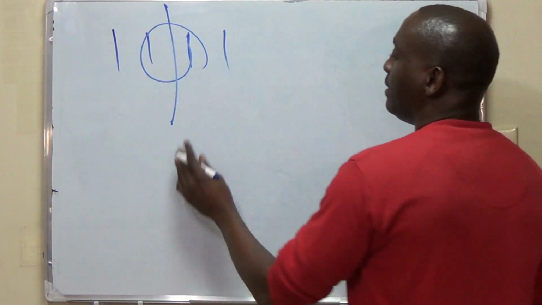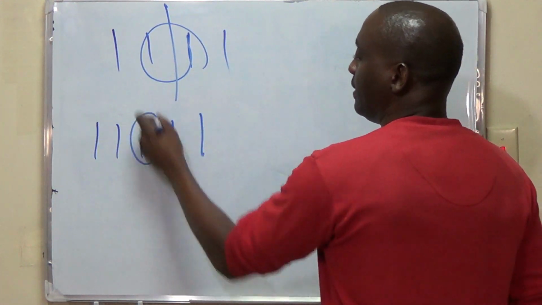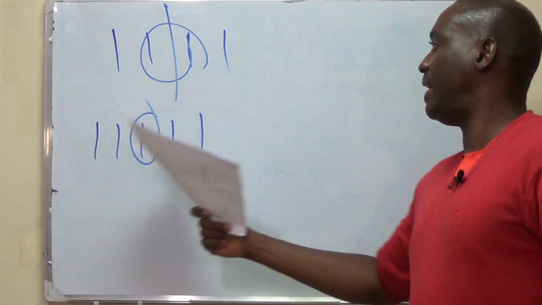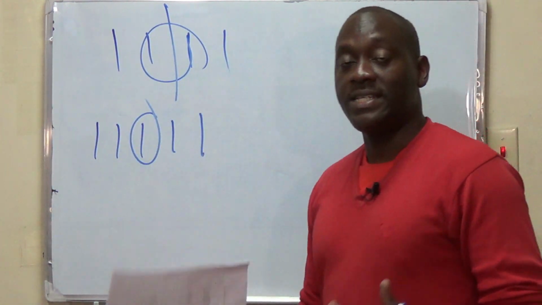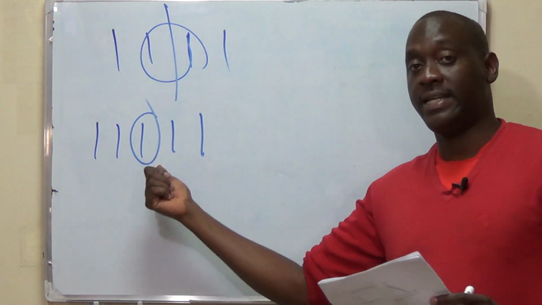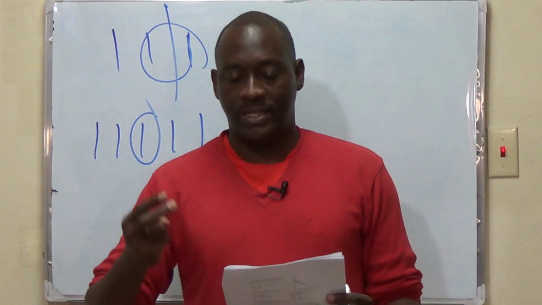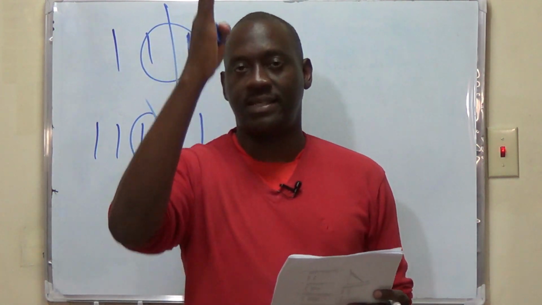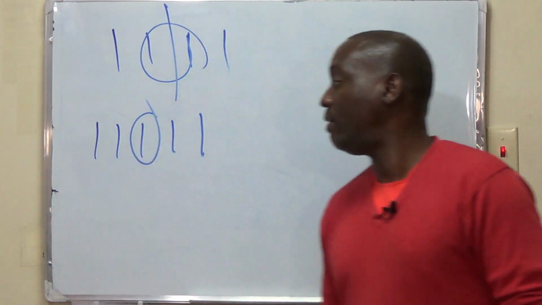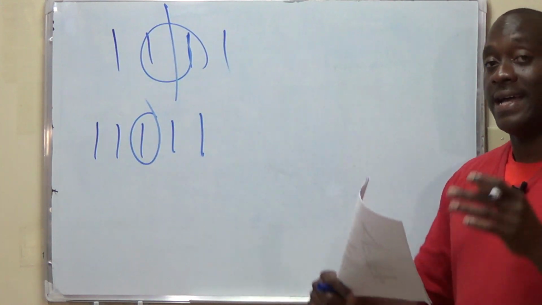If on the other hand you had 5 values, 1, 2, 3, 4, 5, then this here is the median because it is directly in the middle. You have 2 on the left and 2 on the right. So in this case, because we have an odd number, which is 9, the number dead center would be the median, which means that you'll have 4 on the left, 4 on the right, and the number in the middle.